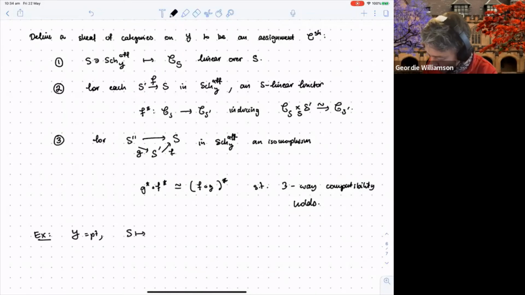And now the most basic example is, if we take Y to be a point, and S mapping to quasi-coherent sheaves on S is a sheaf of categories on a point.